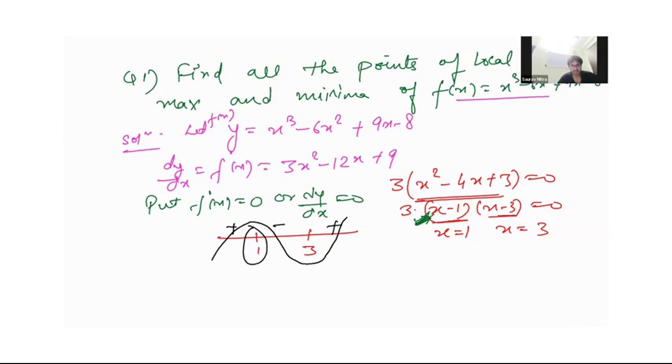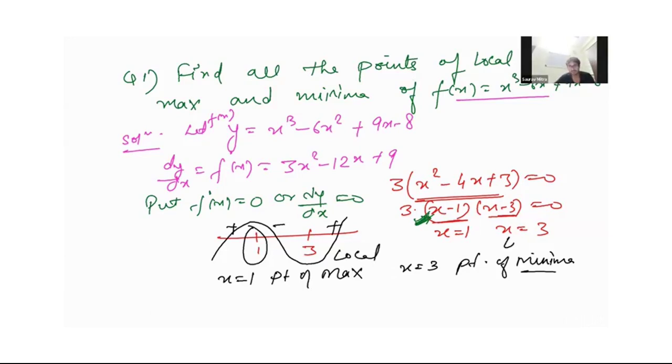So at x equals 1 you will get your point of local max, and at x equals 3 you will get your point of minima. Okay, so you will get your point of local minimum, local maximum. We can write it as local also. Okay, so in this way we have to calculate.